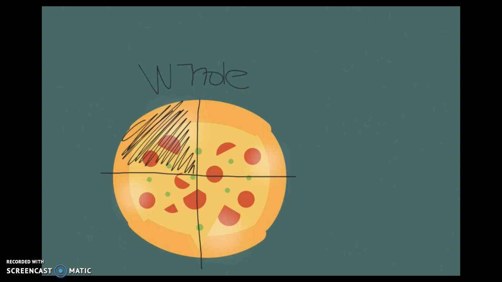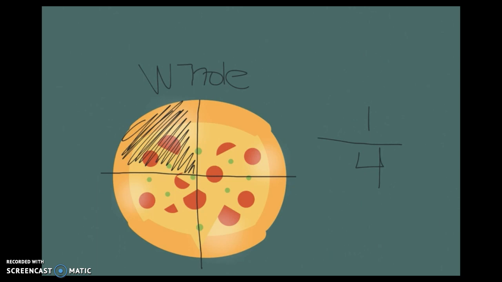I have shaded in 1 out of the 1, 2, 3, 4 equal parts. So we will write this as a fraction. This is 1 piece out of the 4 equal parts. So this fraction is 1/4. You can think of this as 1 out of 4 equal parts.